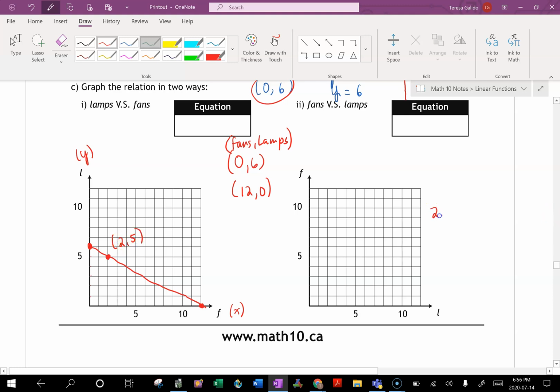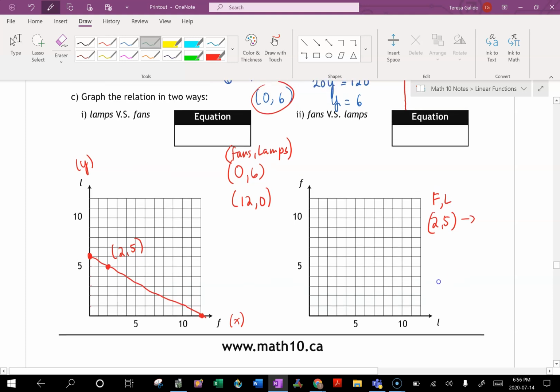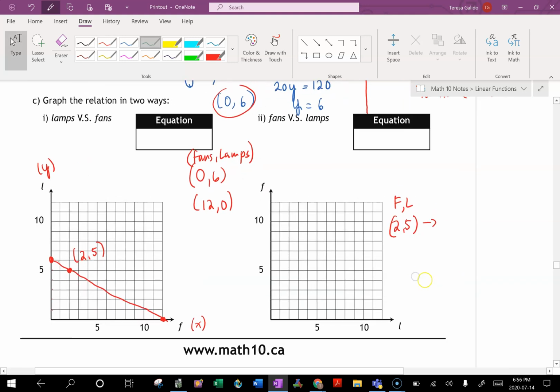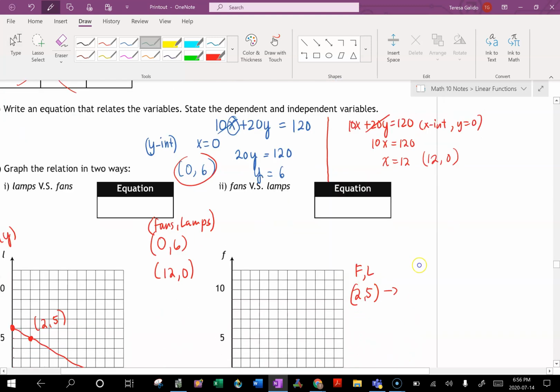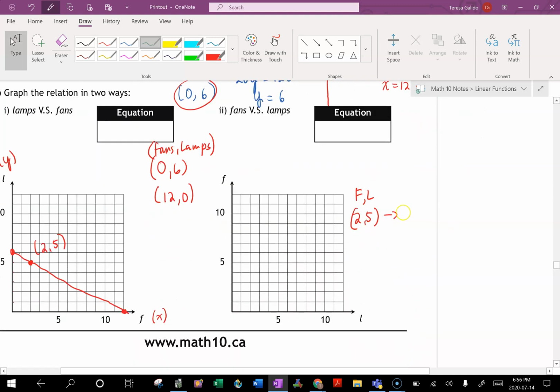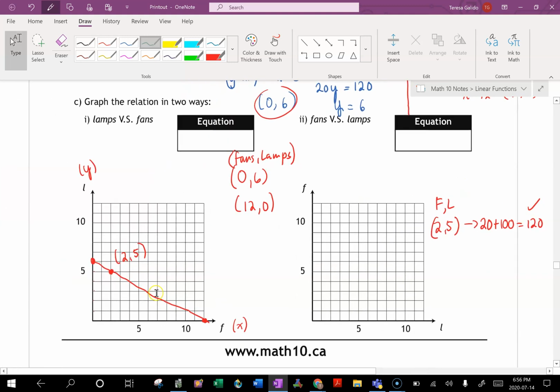So 2, 5 fans and lamps. Is it possible to sell 2 fans and 5 lamps? A fan is $10, right? So 2 fans is $20 plus 5 lamps, which is 5 times 20, which is 100. So yes, that is possible because our point is existing.